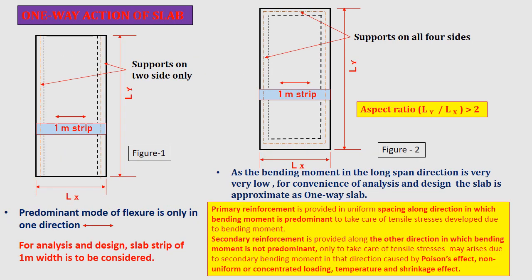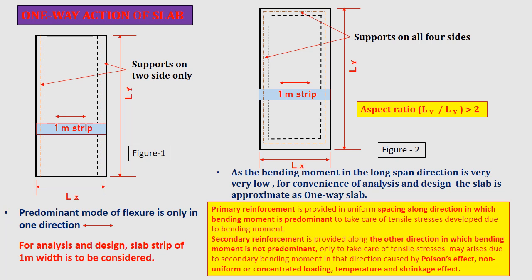Here I shall discuss one-way action of slab. In figure 1 you see a slab of which the length of the longer side is Ly and Lx is the length of the shorter side, and the slab is supported only on its two sides. When a slab is supported only on two sides, the predominant mode of flexure will be only in one direction.